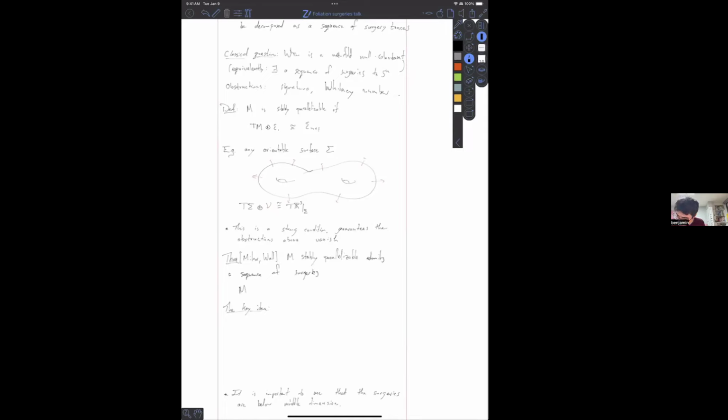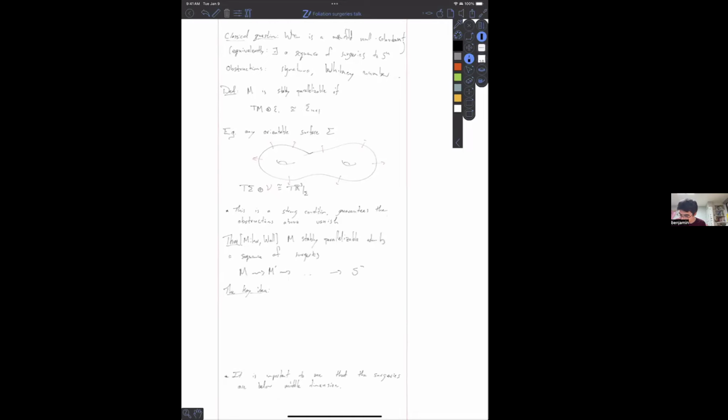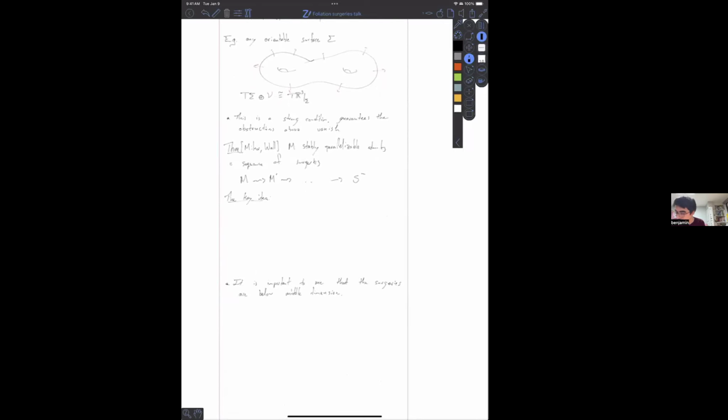So you start with your manifold, and the idea is, let me say the statement first: you do a sequence of surgeries and you end at the sphere. And so the idea is you do the surgery below the middle dimension.